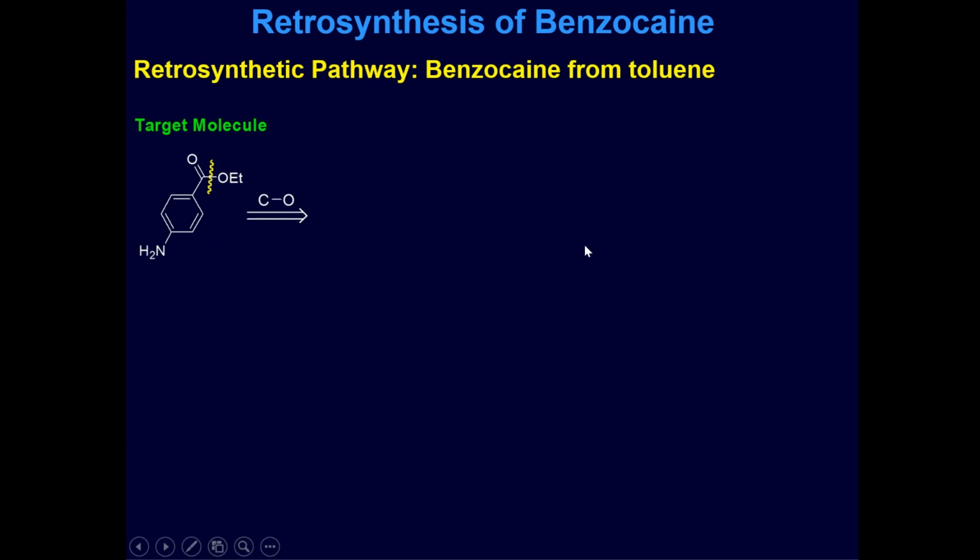When I break this, what will I get? This part I will take off. I'll get this as one part, and the other part is OEt. This I represent as plus, this as minus. This is a functionalized acceptor, and this is a functionalized donor.